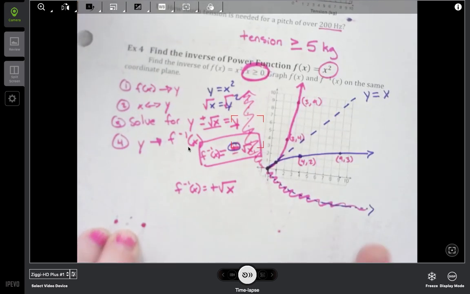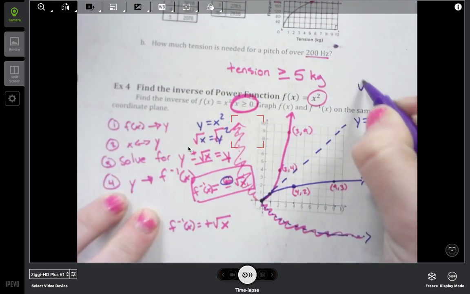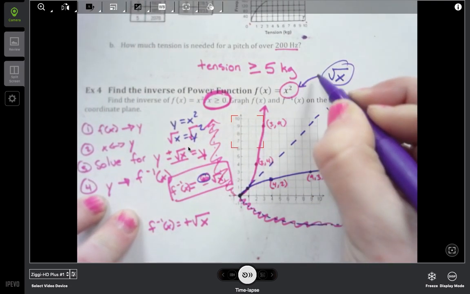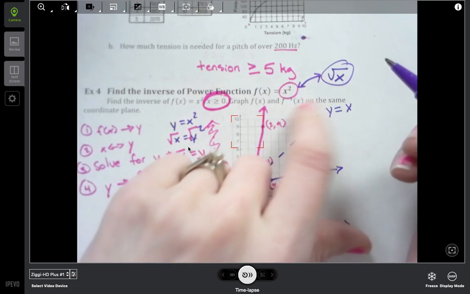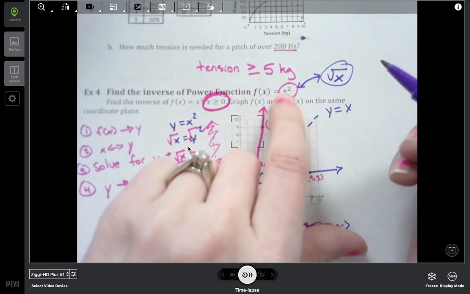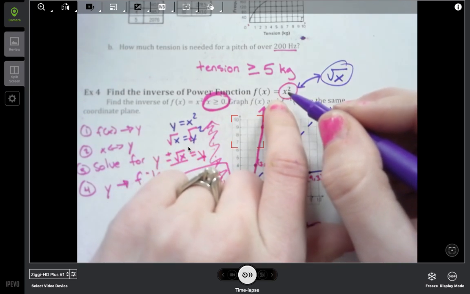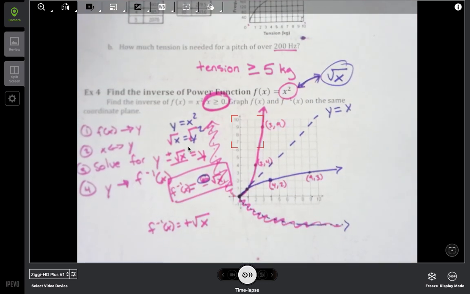All right, so this just goes to show you that the reason why the square root equation exists is because it undoes this one. If you have a square, you take a square root. So that's why square root functions are very important. And we've already done computations like that before where we're solving for x, so you take the square root. So there's that, and that's all I have for notes.